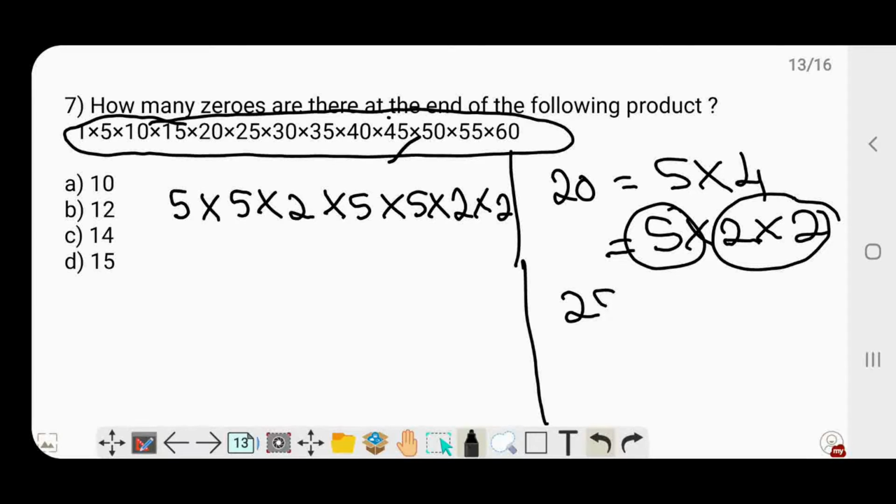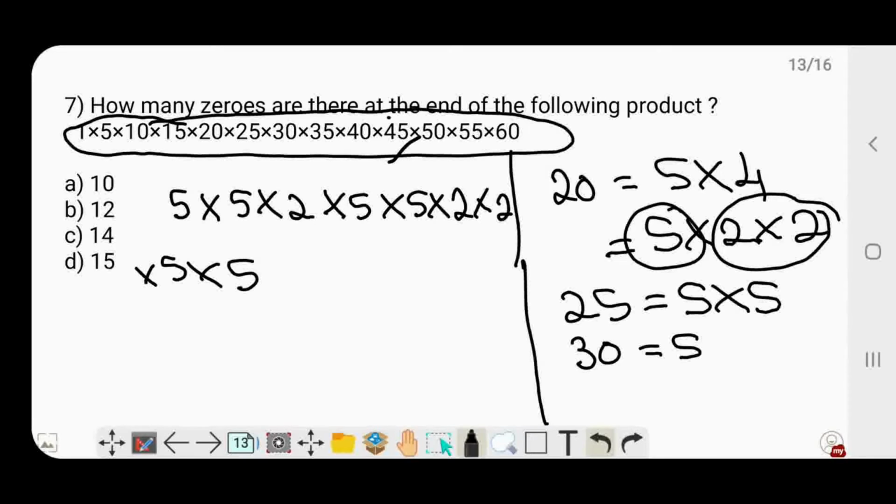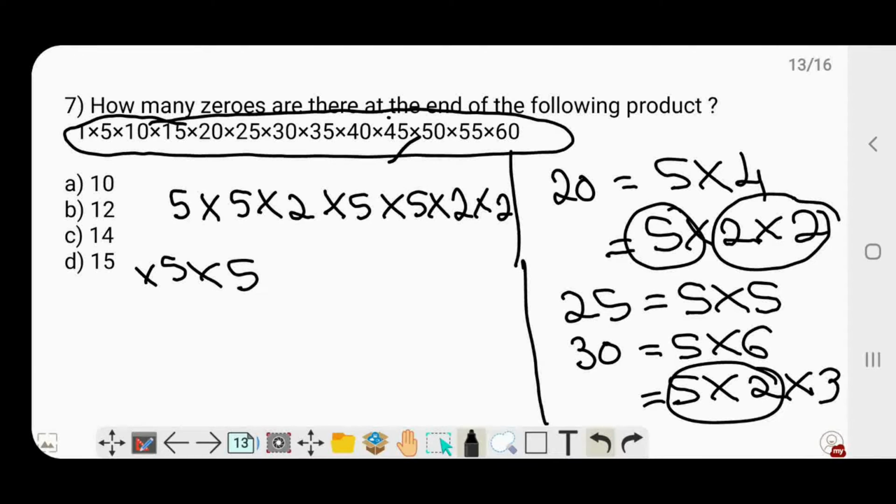Next number 25 can be expressed as 5 into 5, which I'm going to bring here again. 30 can be expressed as 5 into 6, which in turn can be expressed as 5 into 2 into 3. So 30 gives me one 5 and one 2, which I will express over here.